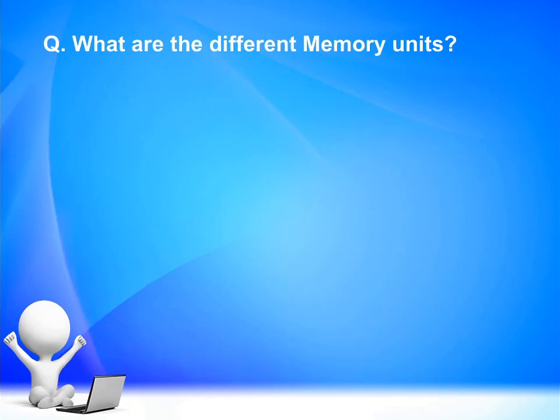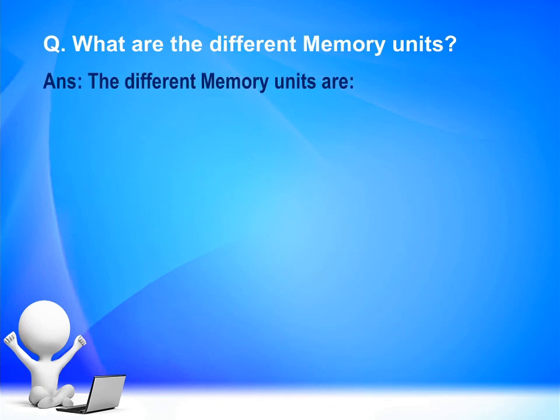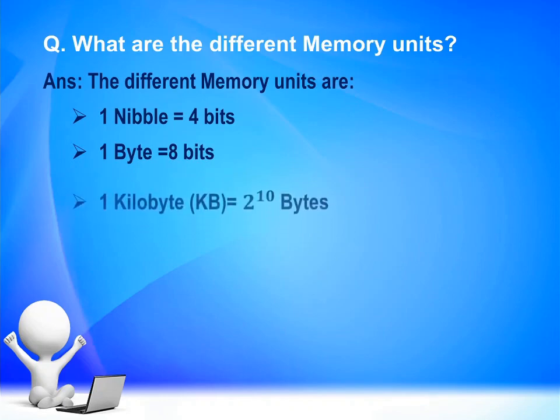Next, what are the different memory units? This is also very important. Learn this properly. The different memory units are: 1 nibble is equal to 4 bits. 1 byte is equal to 8 bits.